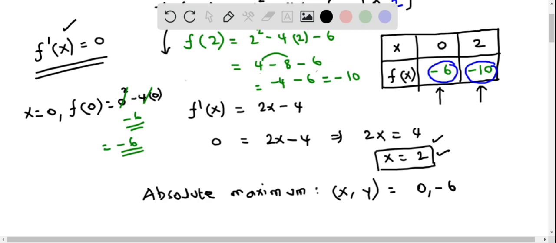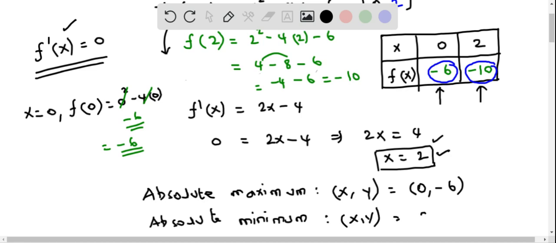This is absolute maximum, and absolute minimum as an ordered pair of x comma y equals 2 comma negative 10. This is absolute minimum. So we have determined the absolute maximum and absolute minimum of the function.